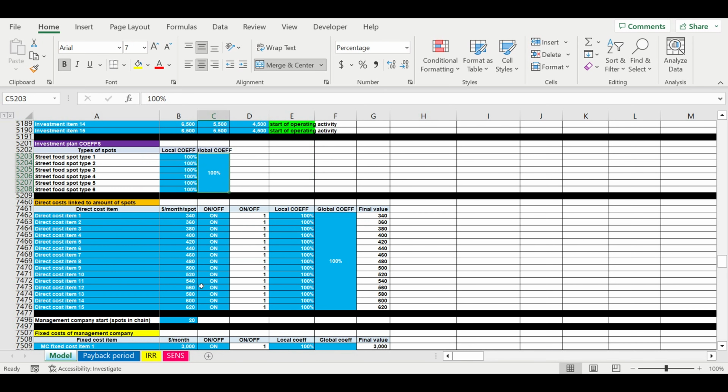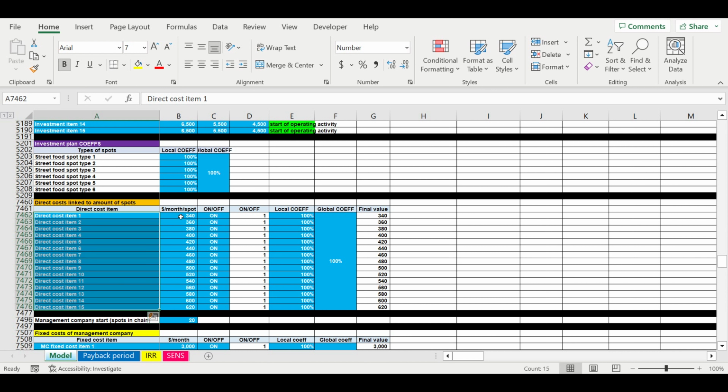Then we have direct expenses that are closely connected to the amount of spots in our chain at any given moment. And here we specify these types of direct costs.